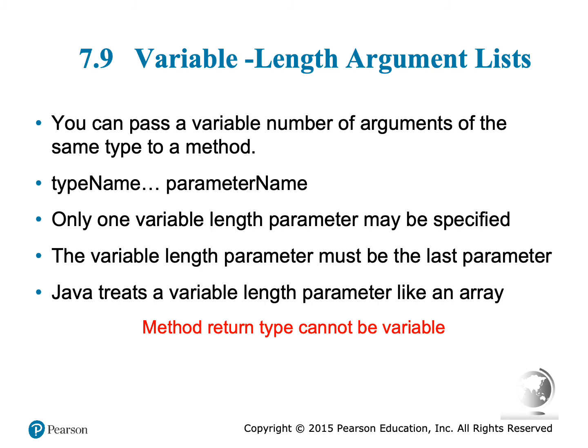This is possible because Java treats variable length parameters as an array. It is equally important to note that a return value type cannot be a variable type parameter. See listing 7.5 in your online textbook in section 7.9 for an example program.